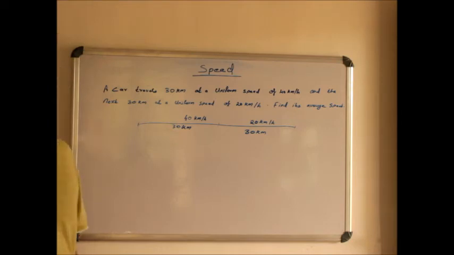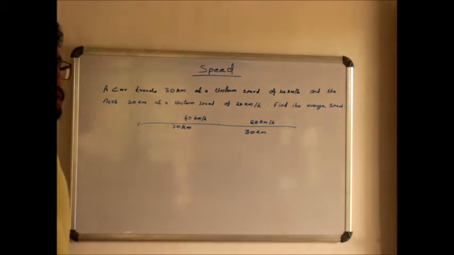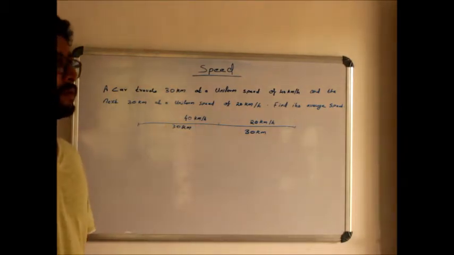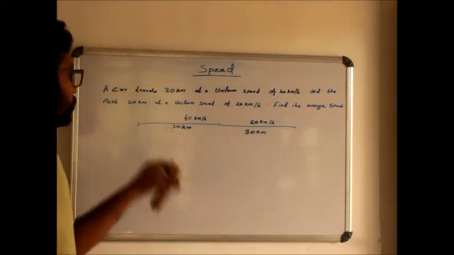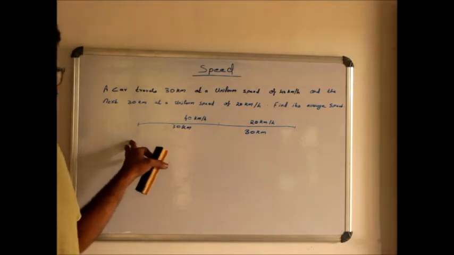Now what you have to find is the average speed. So we know that if an object is traveling at different speeds, we will be able to find the average speed of the object, isn't it? So what is the equation for average speed?